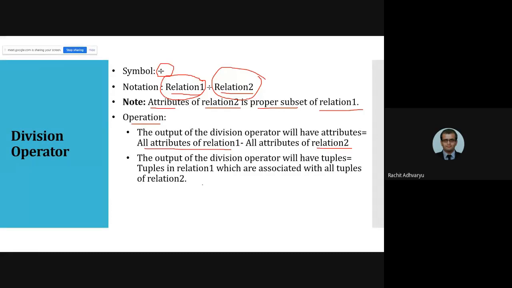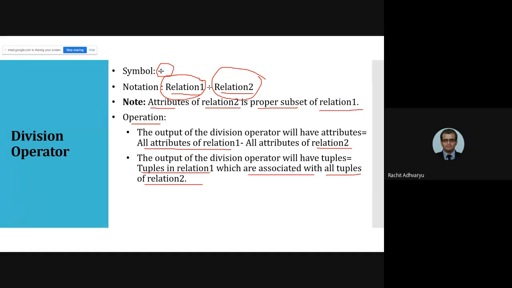And for tuples, what will be the output? Rows in relation 1 which are associated with all tuples in relation 2. Again repeating this statement: the output rows will be all the rows in relation 1 that are linked with all the tuples of relation 2.